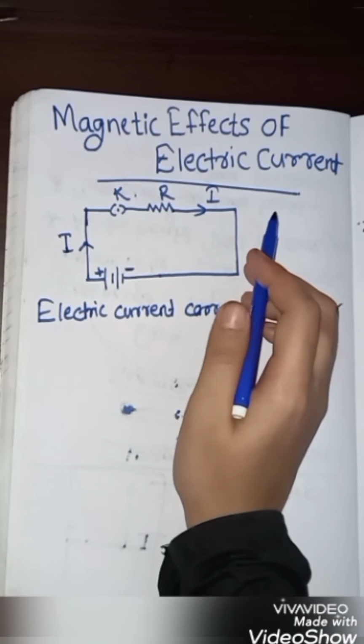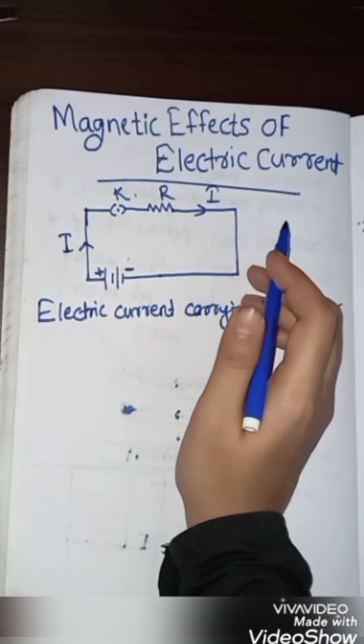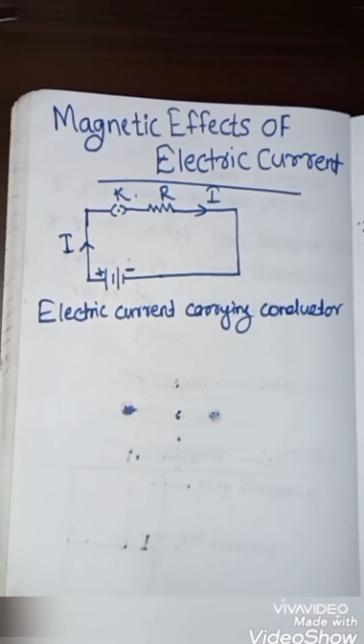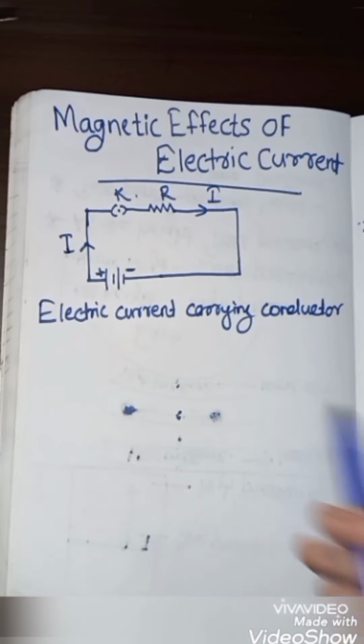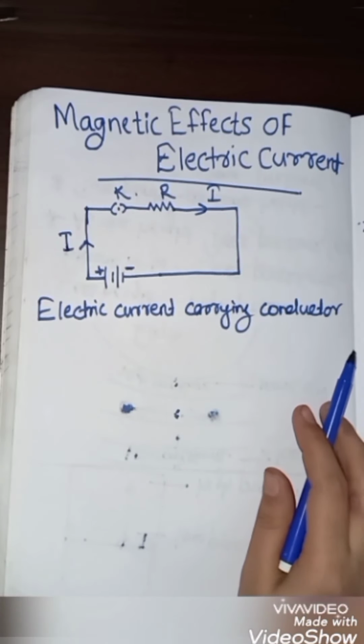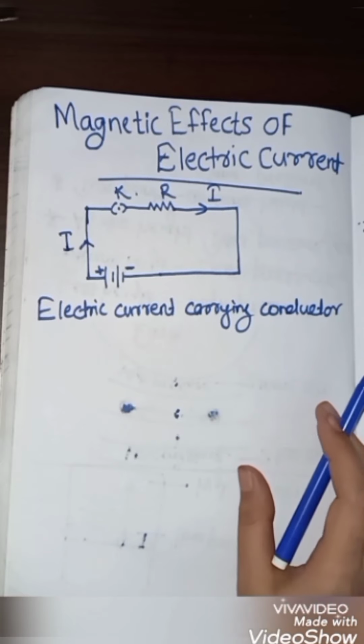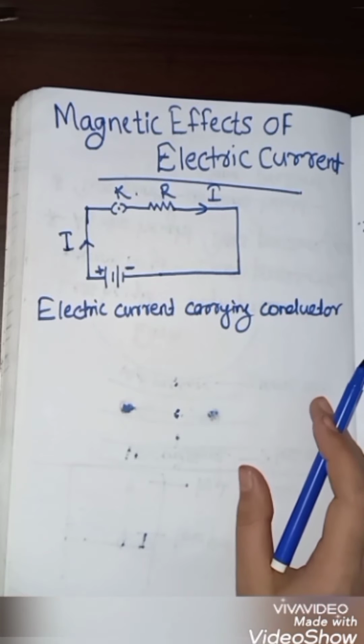The first point of this chapter is very important, and this chapter is based on this point: this electric current carrying conductor behaves like a magnet. Have you heard about a magnet?